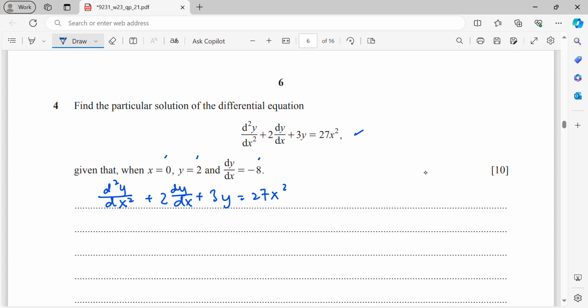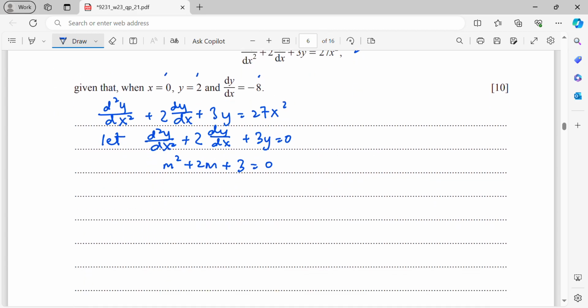Okay, so first of all, let the right side be 0. Then now the auxiliary equation will be m squared plus 2m plus 3 equals 0.